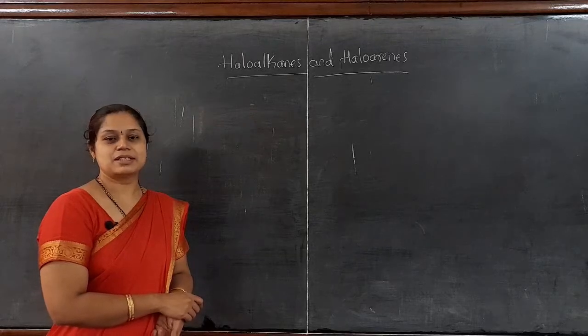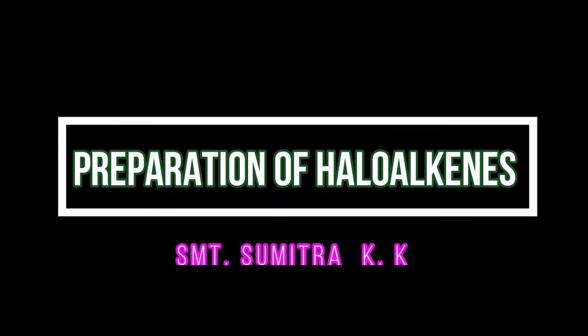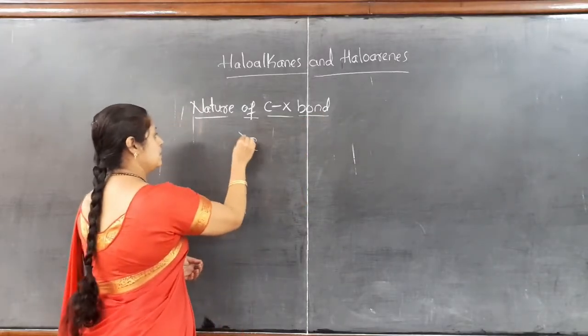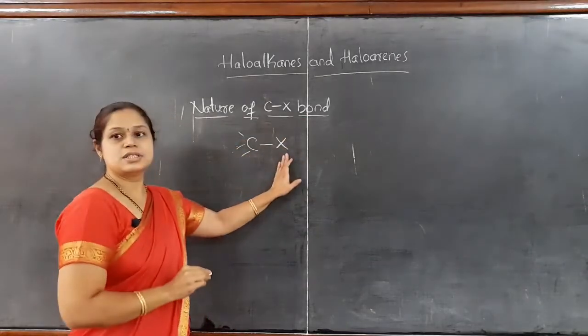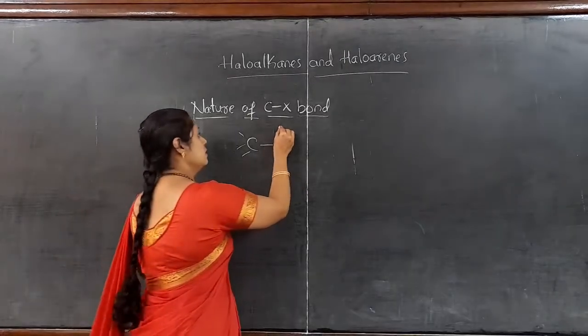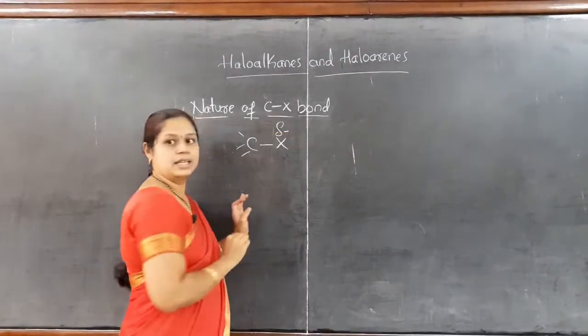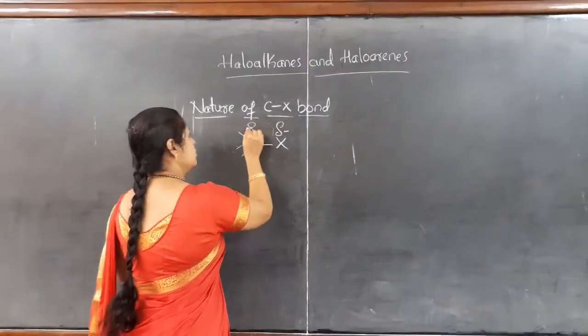Students, today we will see the nature of the carbon-halogen bond. In the carbon-halogen bond, the halogens are more electronegative, hence the halogen has a partial negative charge and carbon has a partial positive charge.